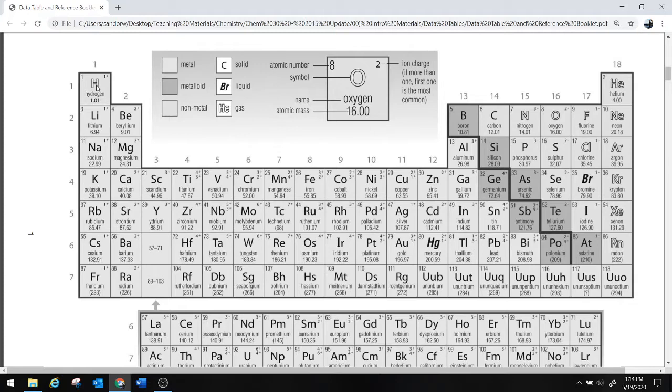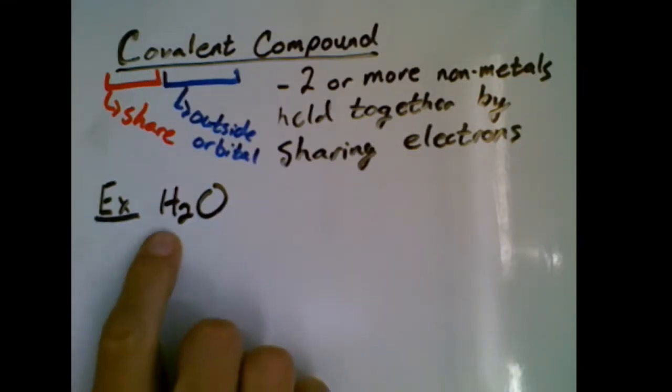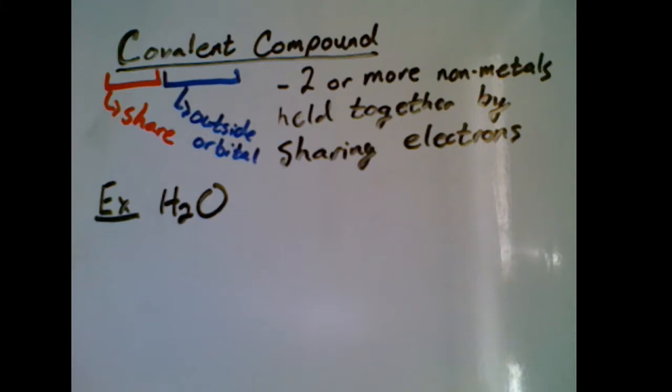So hydrogen, and then from boron over, silicon over, arsenic over, tellurium over, and astatine over, those are all the nonmetals. When two or more of those combine together, that's what creates our covalent compounds. Water is made of hydrogen and oxygen. It's made of two nonmetals, and that means it's going to be covalent.